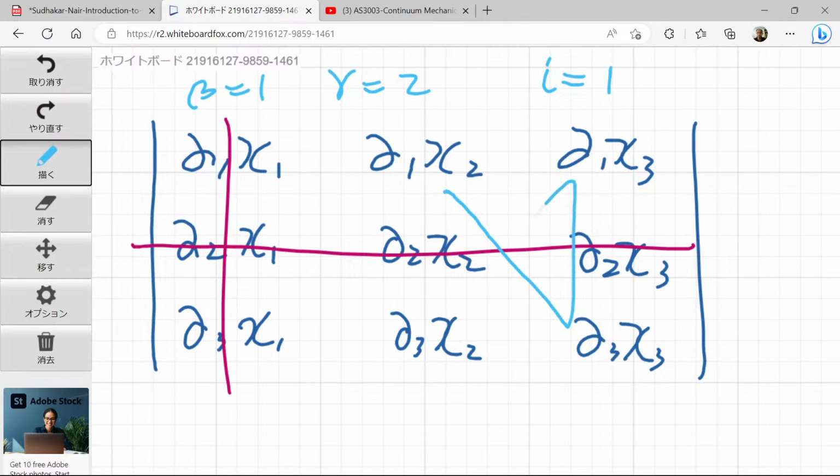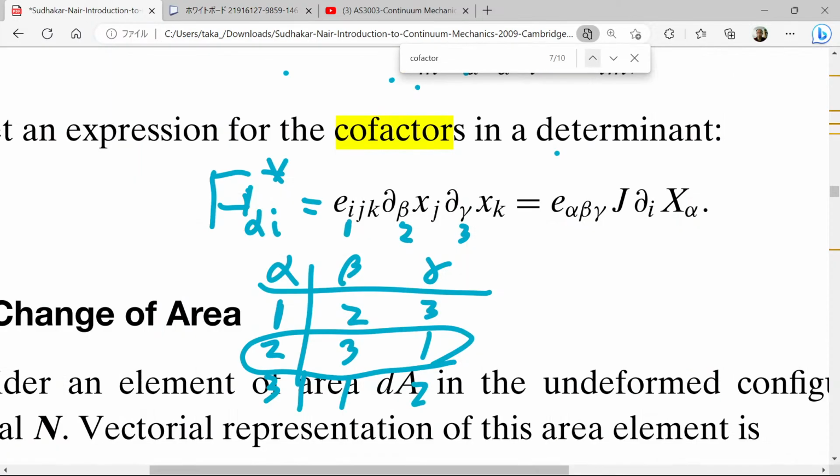This way. This has to be cofactor. So let's see. We consider this is 3, 2. No, 3 and 1, right?